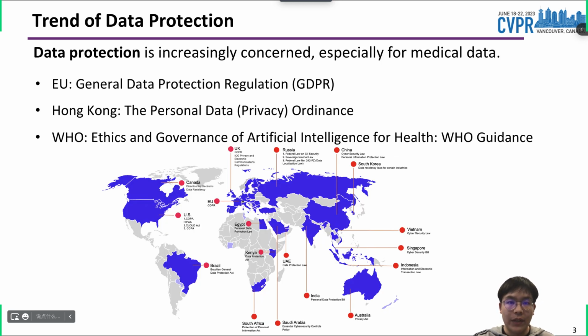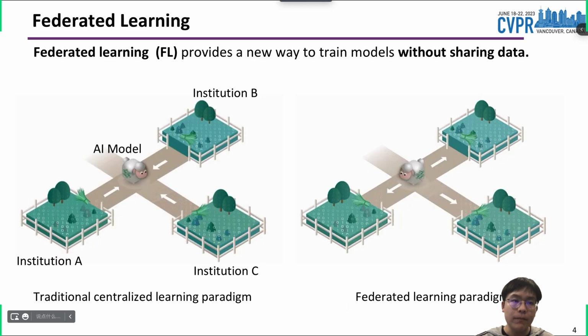Next, I will give the introduction of our work. Nowadays, with the high need of data to train a good model, data protection becomes more and more important. Many different countries and areas have proposed their own data regulations or laws to protect data privacy. To cope with this trend, federated learning proposed a new way to train a model without sharing data.